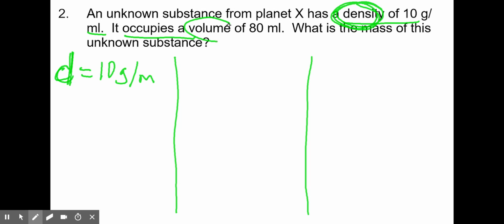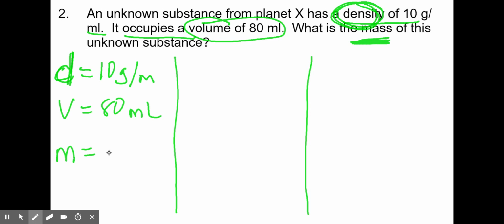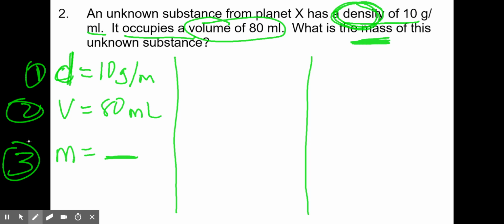It occupies a volume of 80 milliliters. Volume equals 80 milliliters. What is the mass of this unknown substance? Mass equals, we don't know. Look at those triangles again at the top of that paper. You've got M, D, and V. Every single problem is going to give you 2, and it's going to ask you to solve for the third one. We're solving for mass here.